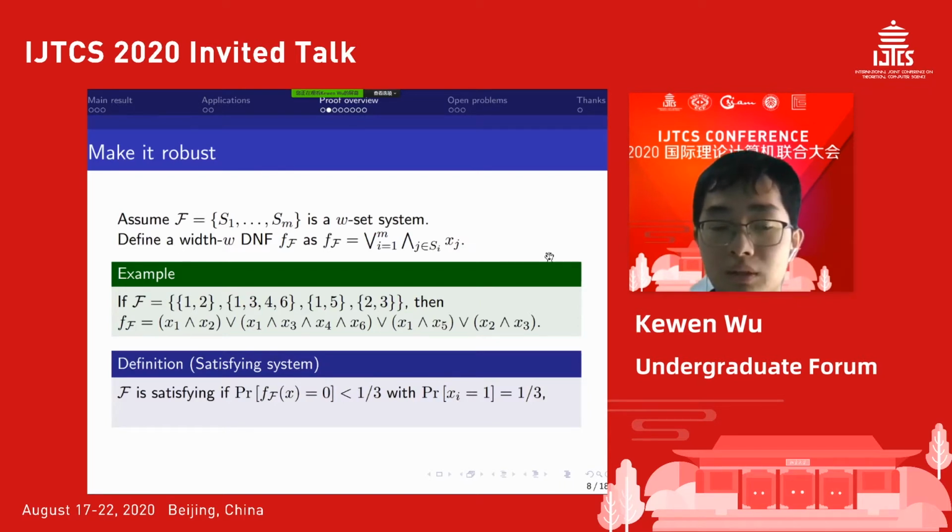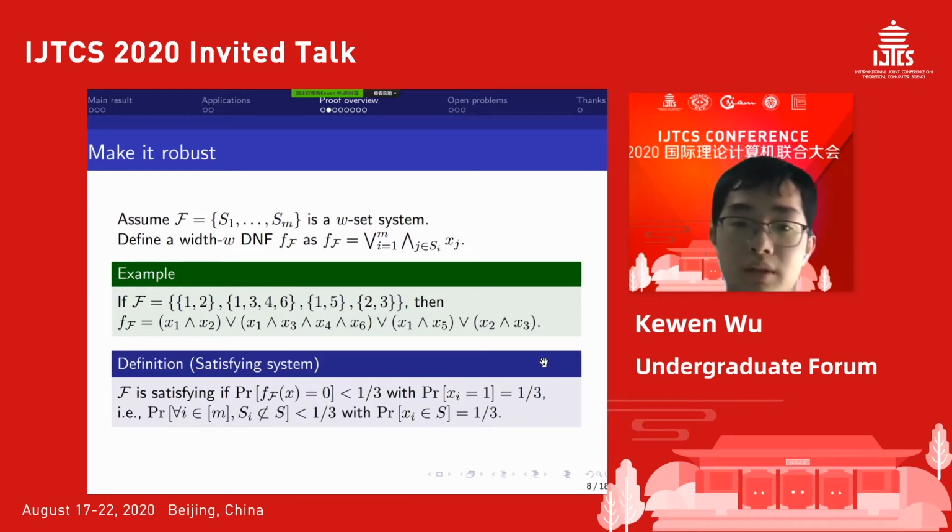Now we define the notion satisfying system, and this is how we make the sunflower structure robust. We say a set system F is satisfying if the probability that this DNF F is satisfied is greater than 2/3. Here, we set each xi to be 1 with probability 1/3 independently. Equivalently, we can view this definition from set system language.